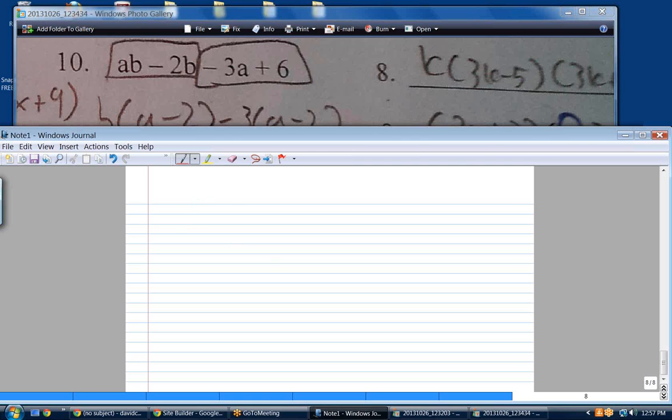Okay. And this one might be a little different. This one's a little strange. Well, it looks like you know to group them. Our goal is to group them in a manner so that we end up with a minus 2 in both parts.